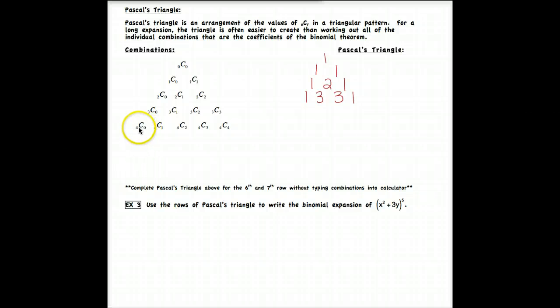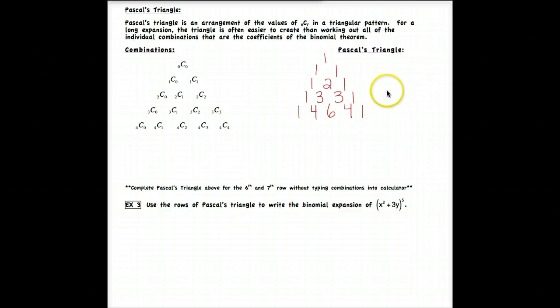Last one that's here. 4 choose 0 is 1. 4 choose 1 is 4. 4 choose 2 is 6. 4 choose 3 is 4. And 4 choose 4 is 1.